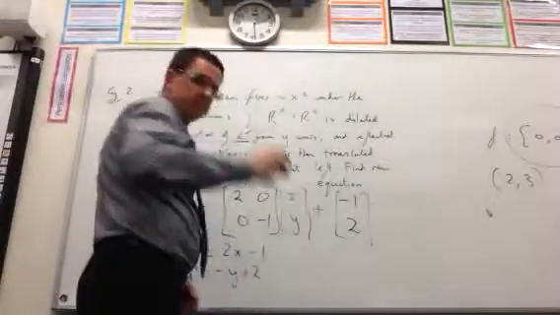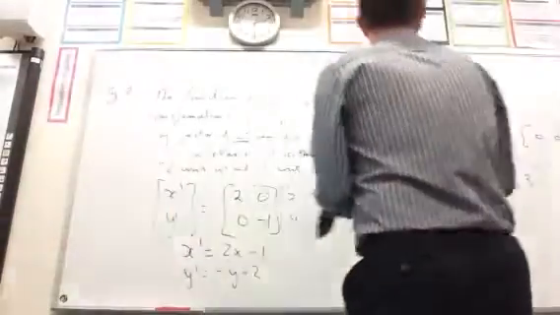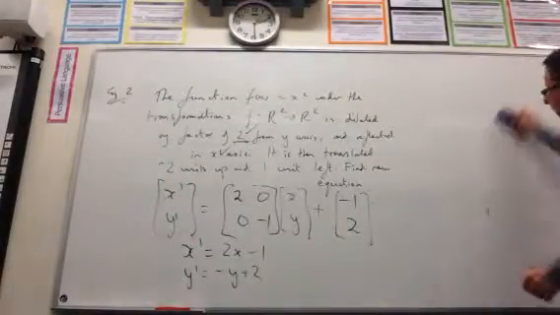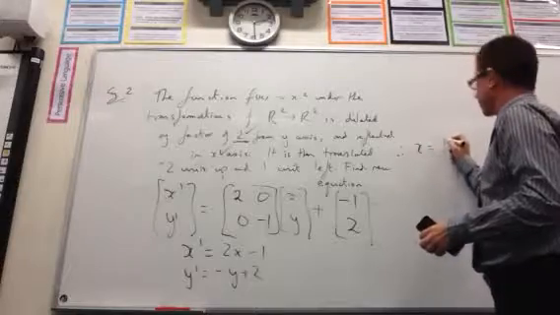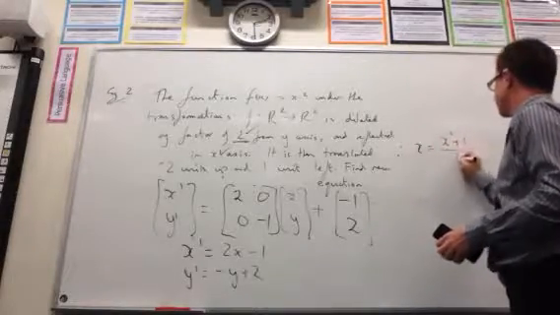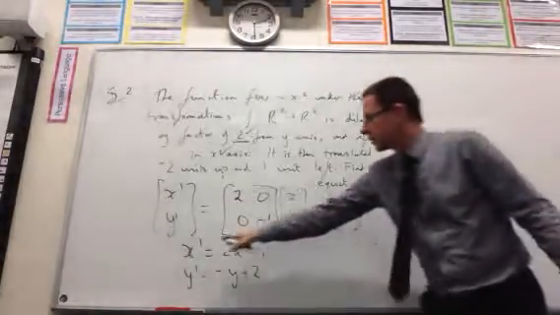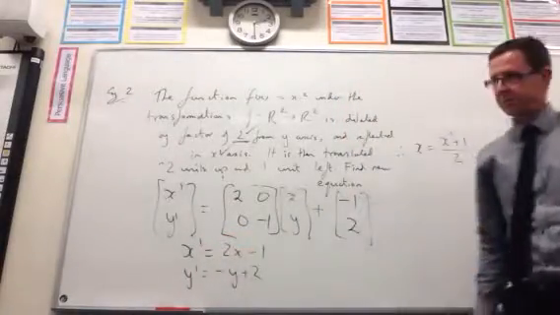From there, transpose. Therefore, x equals x dash plus 1 divided by 2. Take the 1 across, divide by 2.